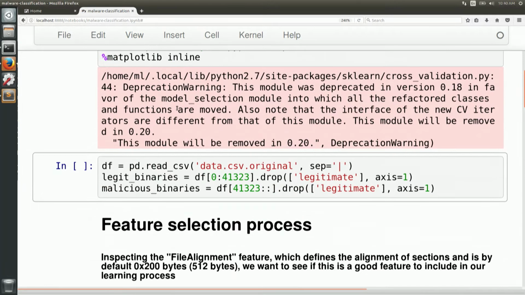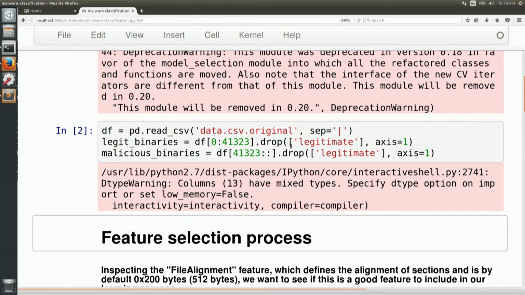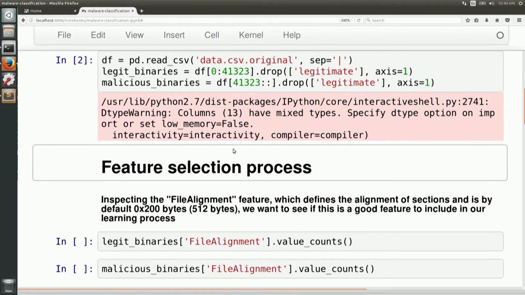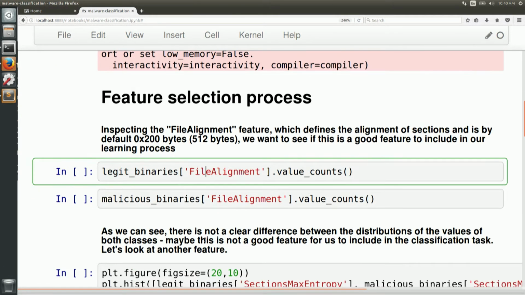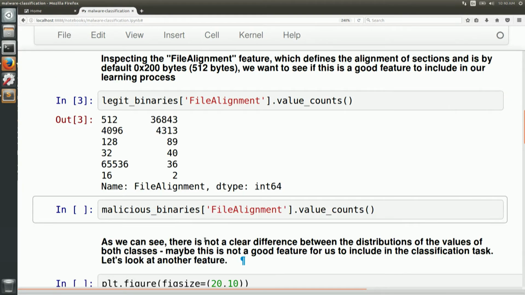What we have here is we want to read in this data set that we have pre-extracted features from. And then we're going to look at the feature selection process. First of all, we want to explore certain features that we think might be useful.